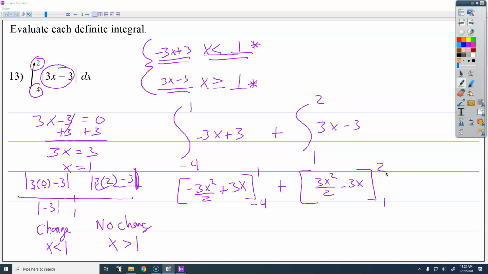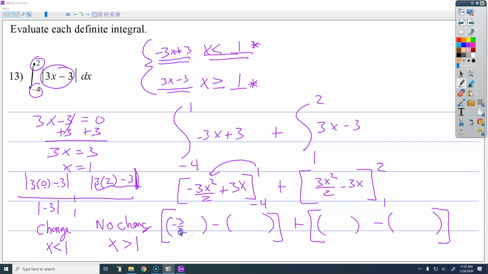And then we're going to go ahead and plug in our numbers. And this is the setup I recommend before you do that. And so plugging in 1, we end up with negative 3 over 2 plus 3.